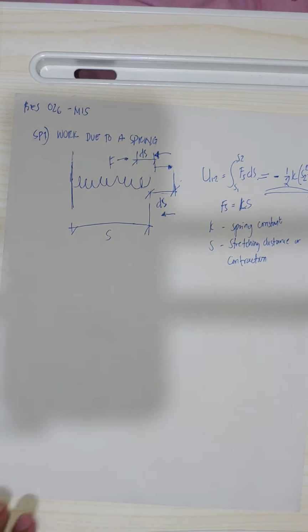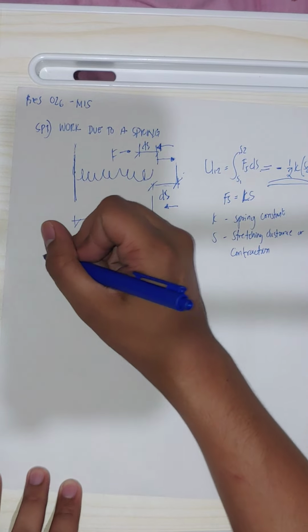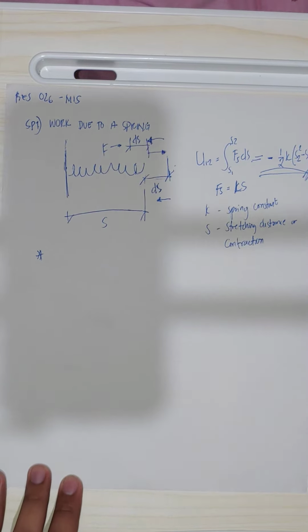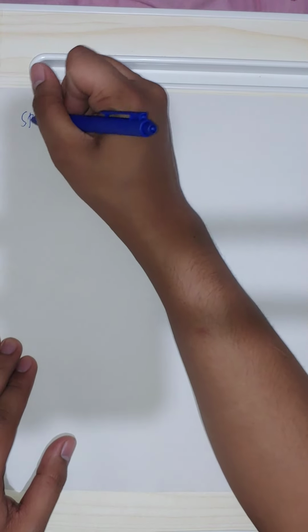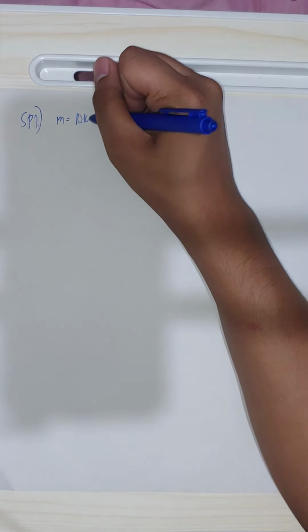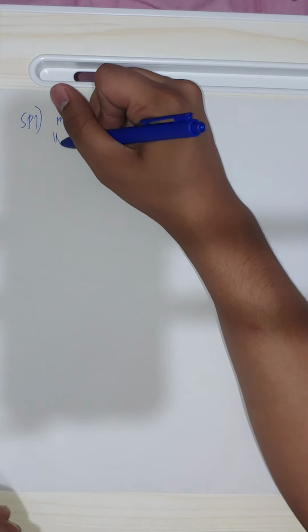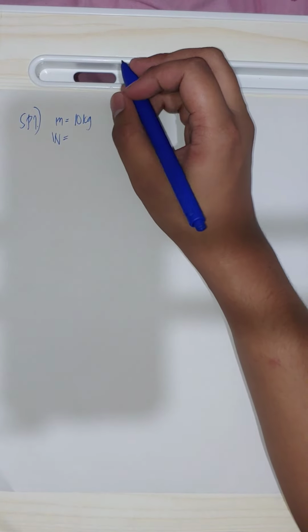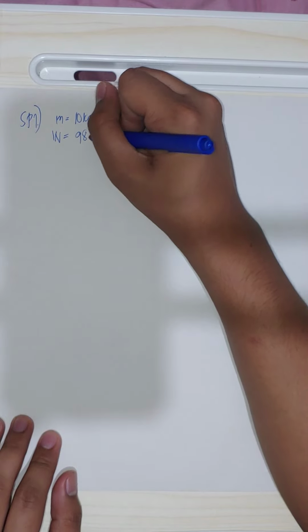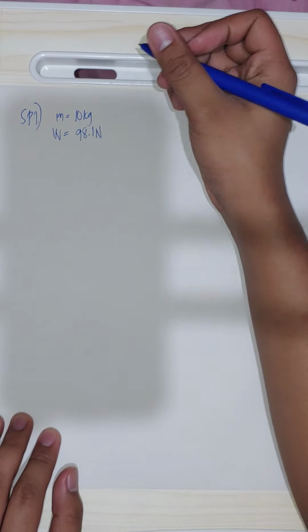So for sample problem number 1, let's take note of the given conditions on another paper. We have a mass of the object equal to 10 kilograms. The weight is mass times the gravitational acceleration, in SI units 9.81 meters per second squared, so the weight becomes 98.1 Newton.